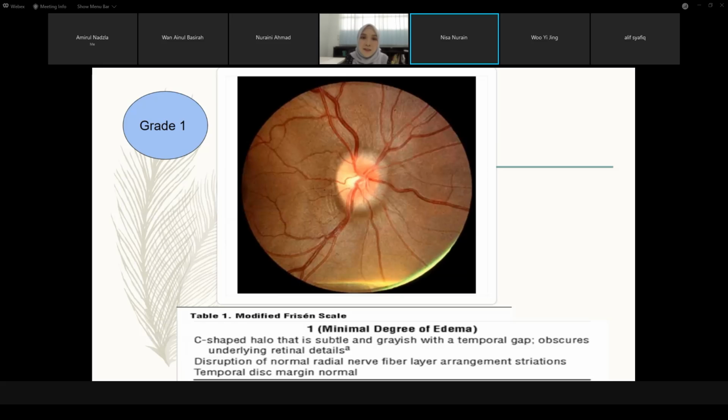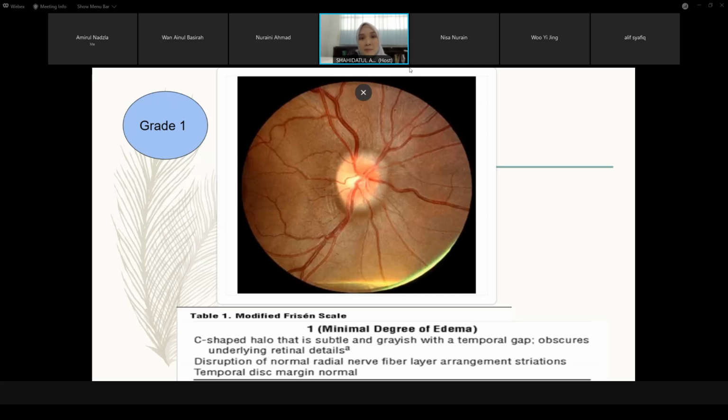Okay, look at this, this is the right eye. If you recall from the previous slide, I did mention that initially the swelling part will be on the nasal. So what you see blurred out is the nasal, superior quadrant, nasal and inferior quadrant. Right? It's like 270 degrees here.